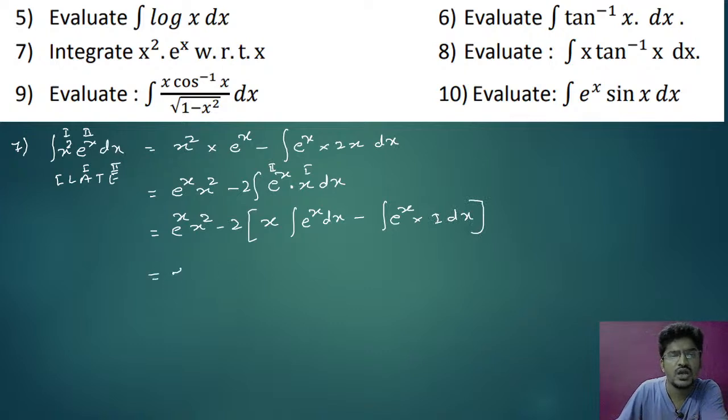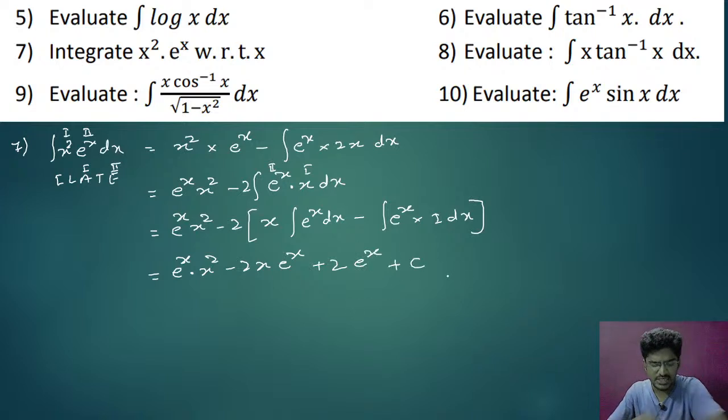So now e raised to x into x square, minus 2 into x is minus 2x, integration of e raised to x is e raised to x. Minus into minus is plus 2, integration of e raised to x is e raised to x plus c. So therefore this is your answer.